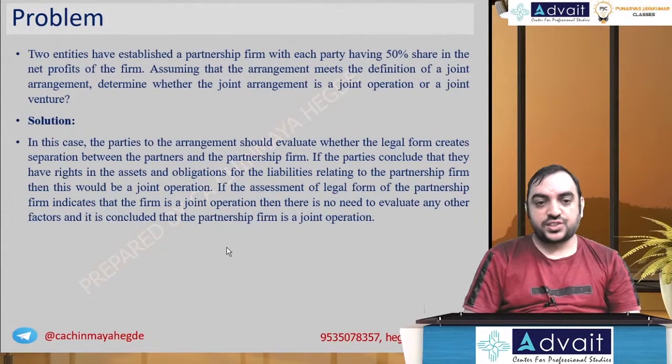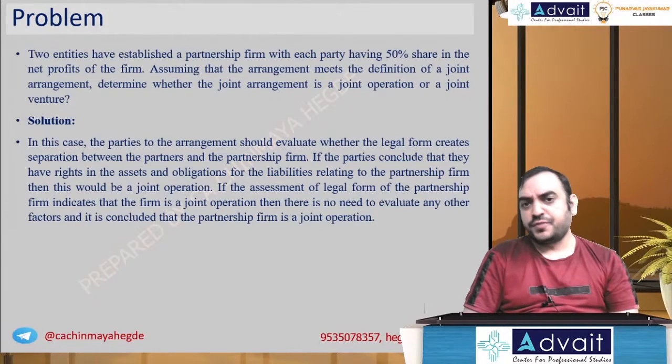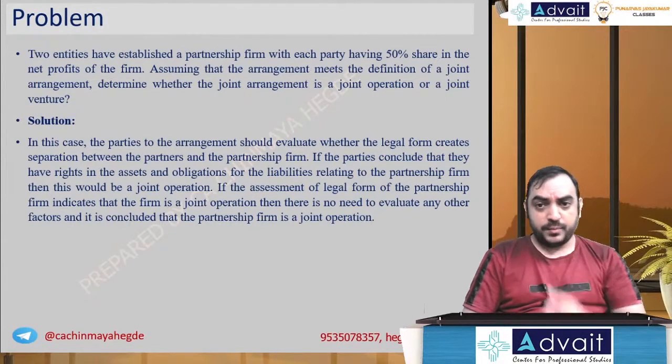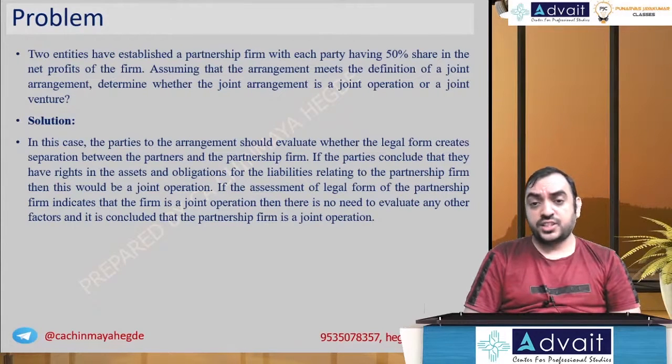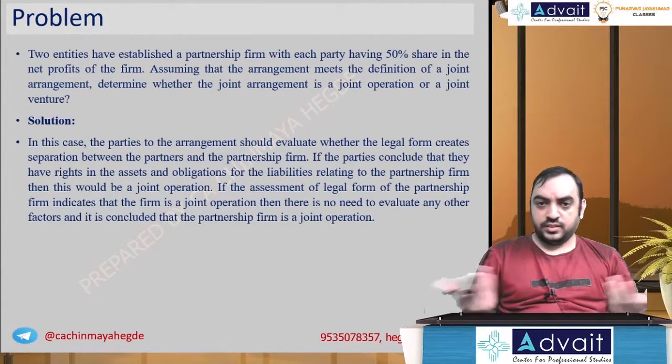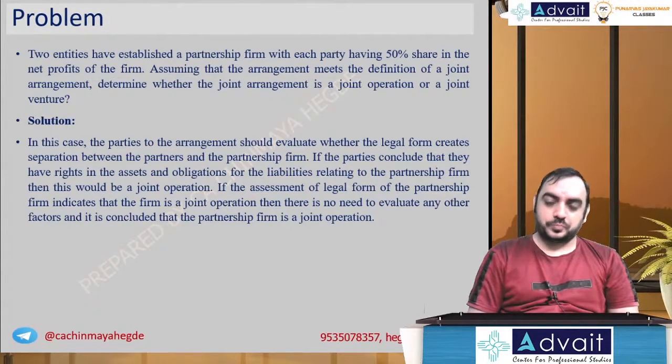Two entities have established a partnership firm with each party having 50% of the share in the net profits of the firm, having 50% ownership. Assuming the arrangement meets the definition of joint arrangement, is the joint arrangement a joint operation or a joint venture? The question is open-ended, so the answer has to be open-ended.